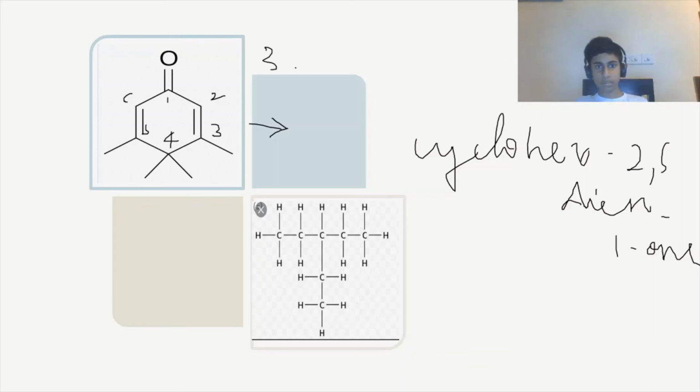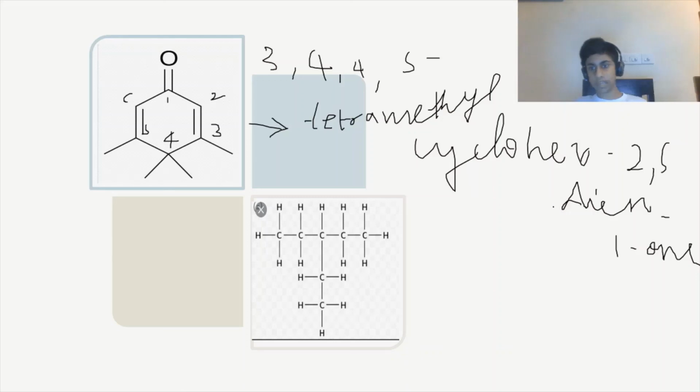And what is this? 3,4,4,5, that is 3, 4, comma 4, comma 5, tetramethyl, because tetra is for 4. So it's 3,4,4,5-tetramethylcyclohex-2,5-diene-1-one, because this is a ketone here.